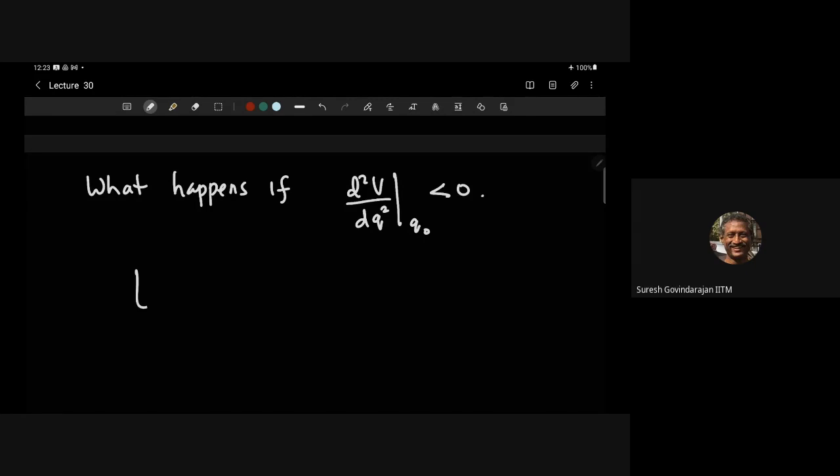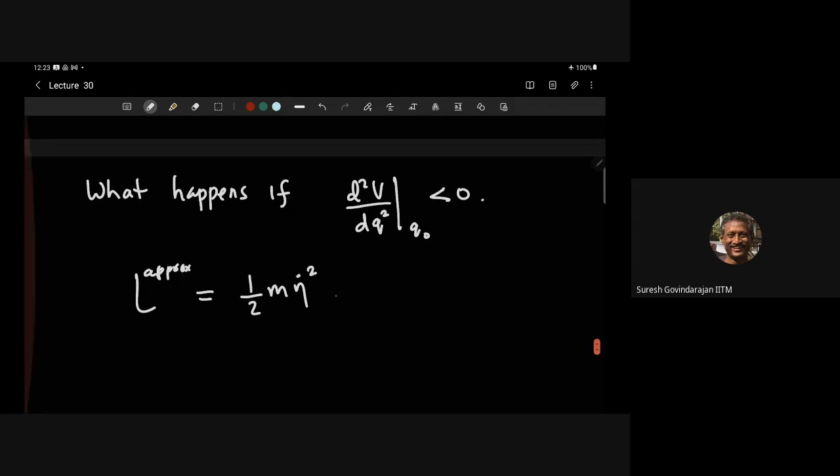Then the L approximation will look like this: half m eta dot square, then m omega square eta square. There's a plus sign here which is crucial, and I'll just define this to be the negative, so I'll call this minus m omega square. That's how I define omega.